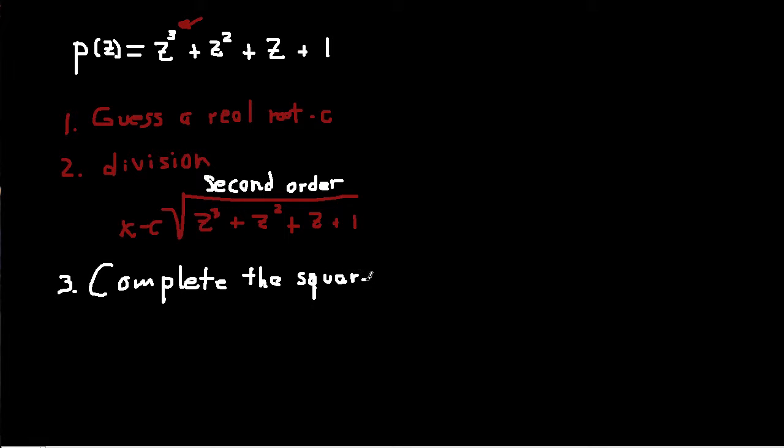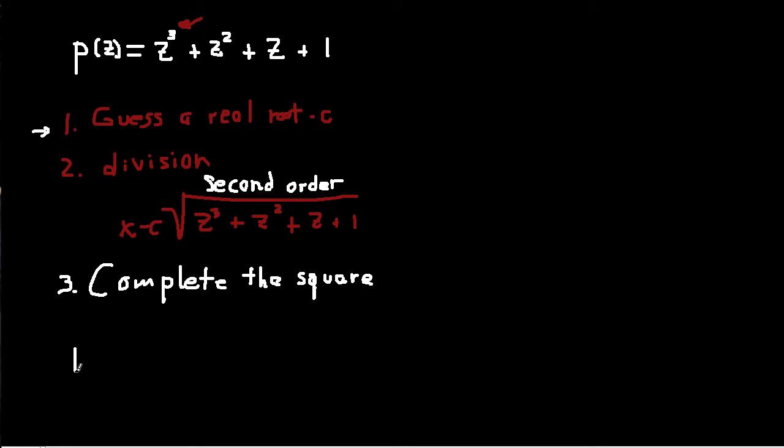Now those roots may be a complex conjugate pair, remember? So I want you to find the three roots of the polynomial. Begin by guessing the real root, do synthetic division to reduce it to a second order polynomial, complete the square in the second order polynomial to find the two remaining roots.